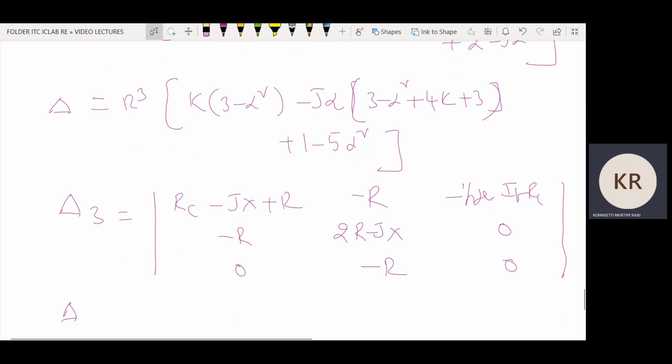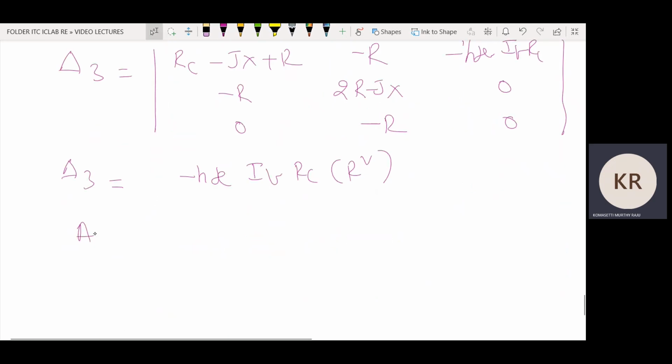Delta 3 is equal to minus hFE IB RC into R square.